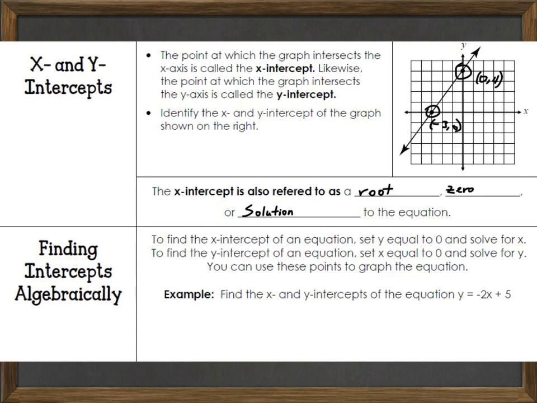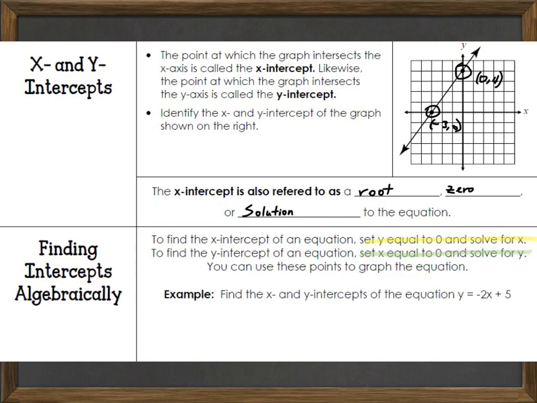So, to find the x-intercept, we want to find the x-intercept of the equation y equals negative 2x plus 5. To find the x-intercept, you set your y equal to 0 and solve for x. To find the y-intercept, you set your x equal to 0 and solve for y.